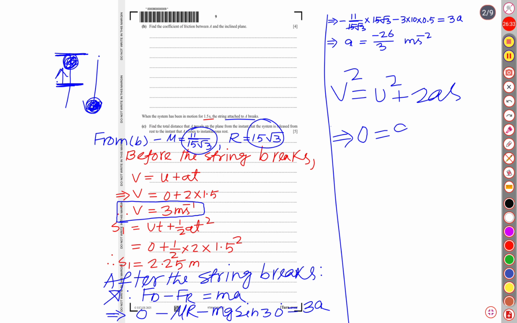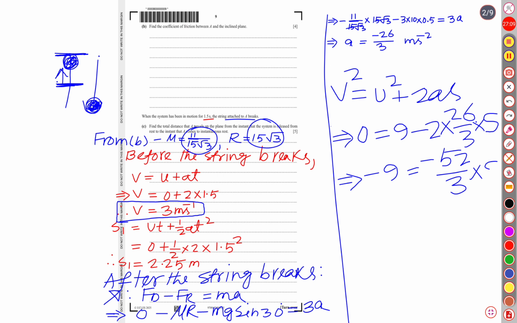So 3 squared means 9, and acceleration is negative 26 over 3, and s. Now if we make s the subject, it is going to be negative 9 is equal to negative 52 over 3 into s.